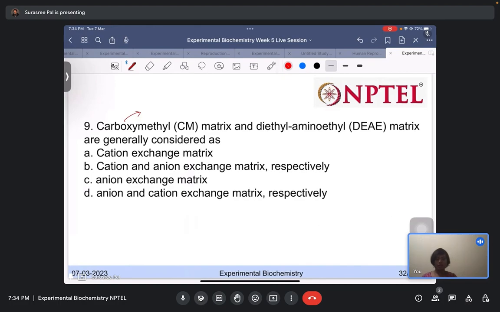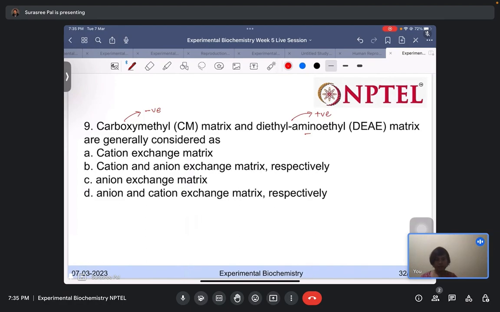So carboxymethyl matrix is a negatively charged matrix. And DEAE, which is diethylaminoethyl, so amino group is there, which makes the matrix positively charged. Now if it is a negatively charged matrix, then it is a cation exchanger, and if it is a positively charged matrix, then it is an anion exchanger.